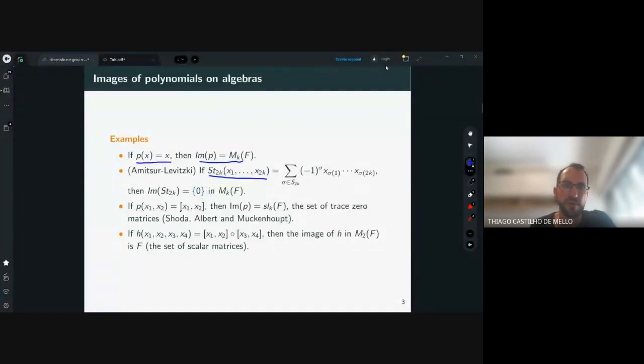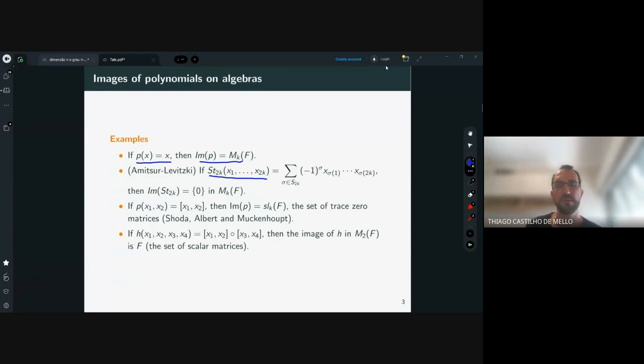Another example here is the one I have already mentioned, that the image of the commutator is the set of trace zero matrices, and here for 2 by 2 matrices we can consider this polynomial, and the image of this polynomial is the set of scalar matrices. This is a central polynomial. By central polynomial, I mean a polynomial which takes values only in the center of the algebra.